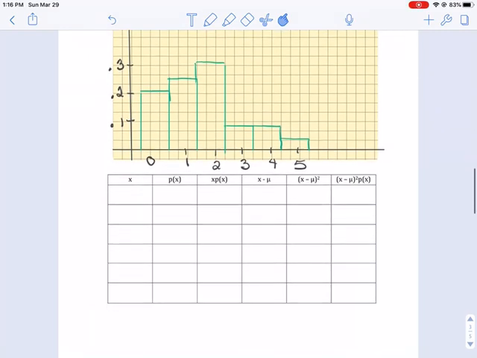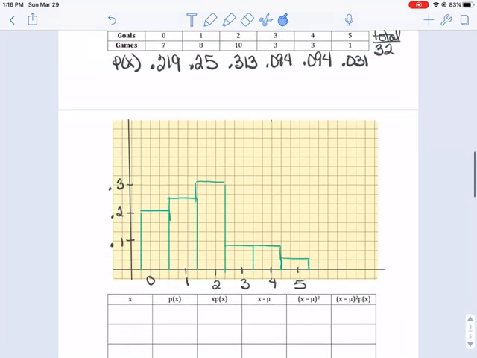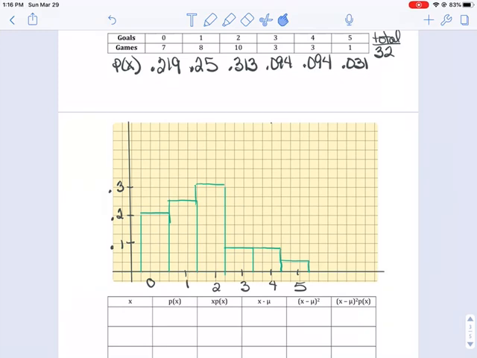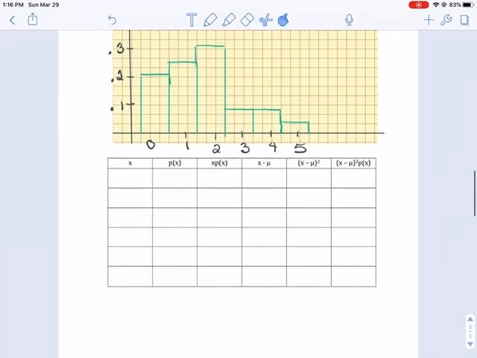All right, so now we get to the difficult part of doing our mean, variance, and standard deviation. So goals are our random variables, so 0 through 5 in our chart.